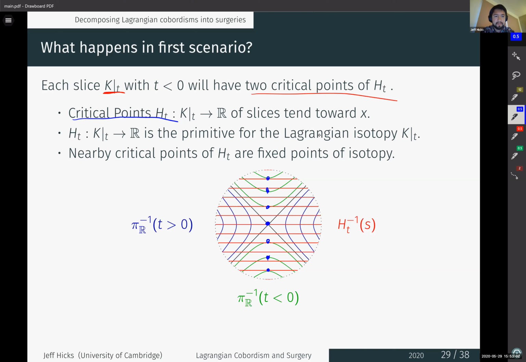Secondly, we know that this HT is the primitive defining the Lagrangian isotopies of the slices K restricted to T. The last piece of data is that nearby the critical point of HT, there's a fixed point of the isotopy KT.